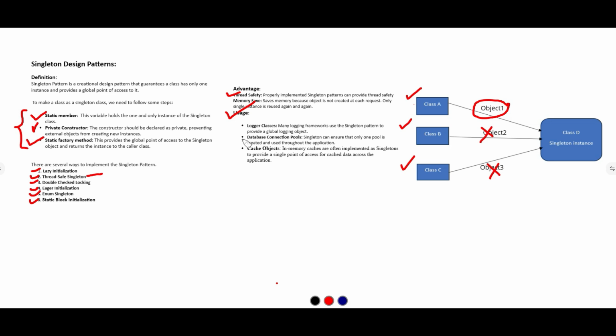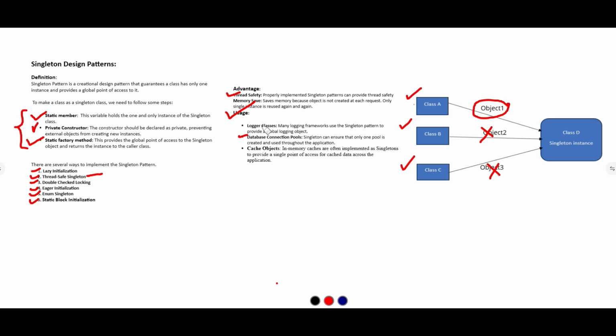And logger. Logging is a very important part of any development, because that will help to debug our code. So for the logger class also, we can create a singleton object of that logger class, and in every class we can use that object.